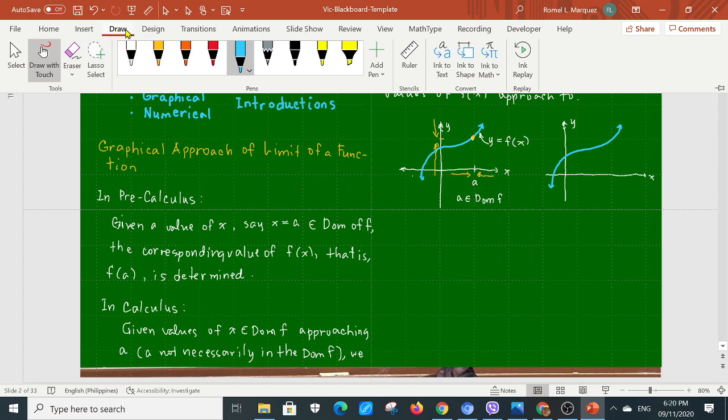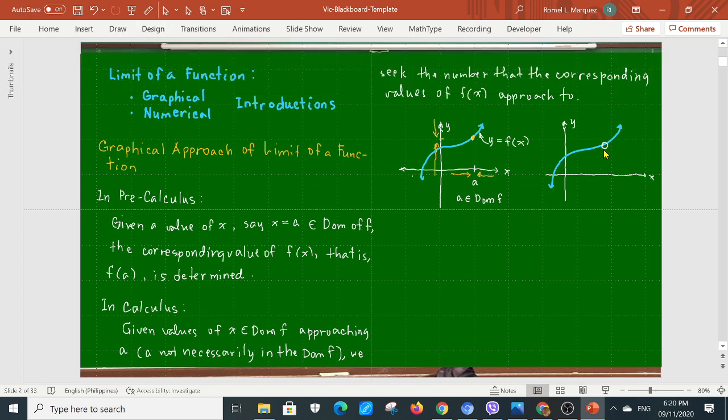So here, I'm going to have a hole. Let's say this is a hole. Meaning, this is a function that is undefined at that value of x, because that is a hole.